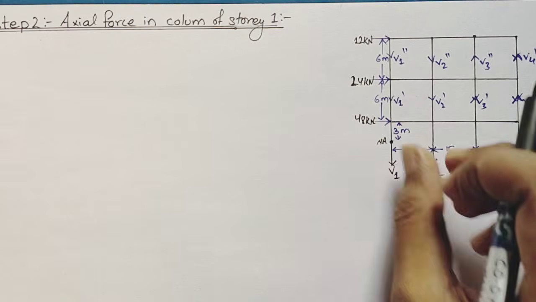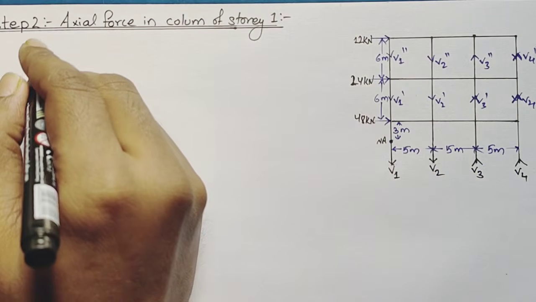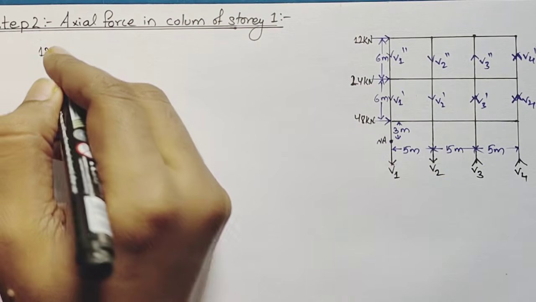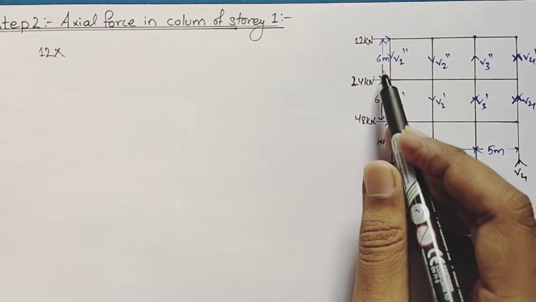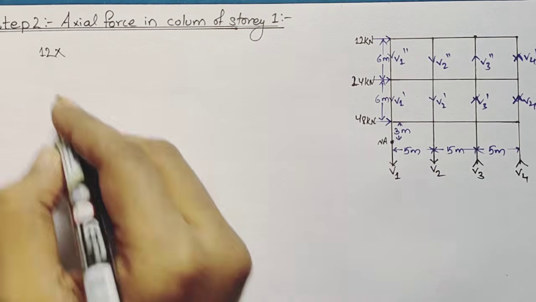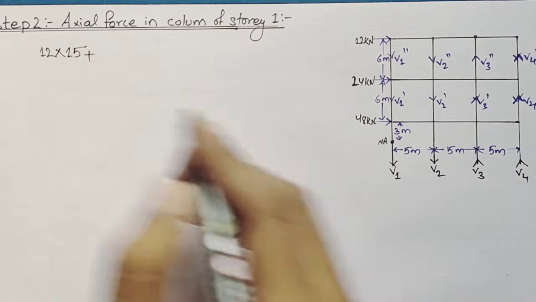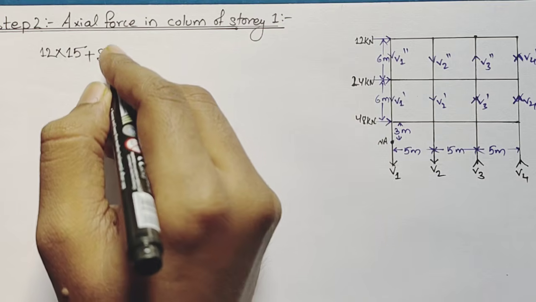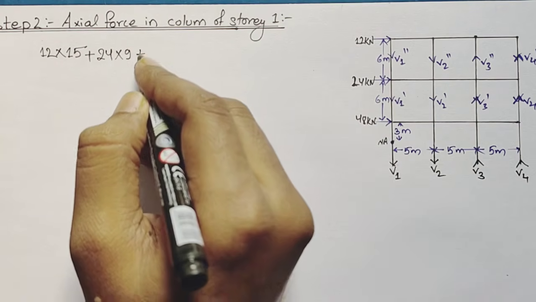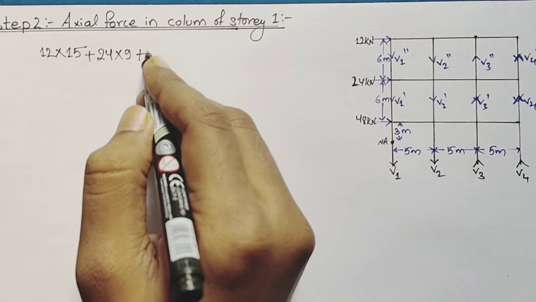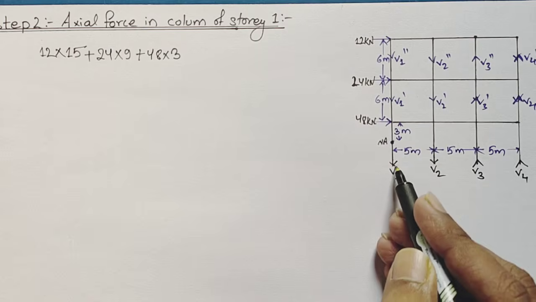So if we take moment about this point of contraflexure, we will have 12 multiplied by the distance of this 12 kilonewton from this NA, which is 6 plus 6 plus 3, means 15, plus the second load, 24 multiplied by 6 plus 3, 9, plus 48 multiplied by 3, and the distance of V1.